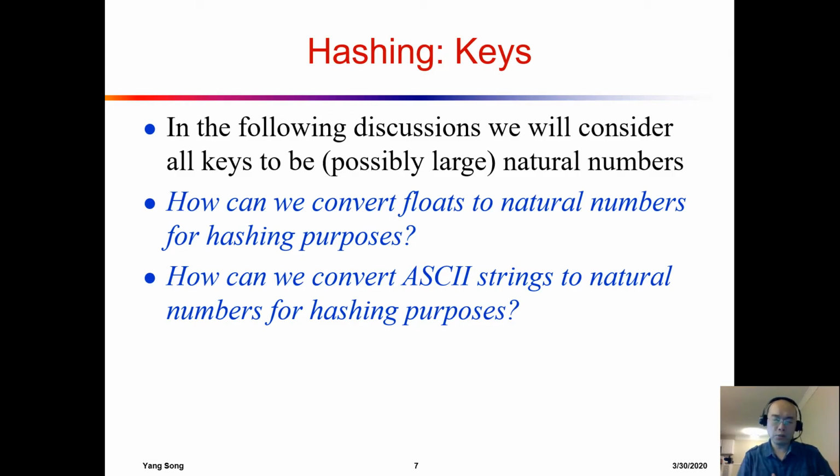And how about a string? If we have a string, we can use the ASCII value of each character, and then we are casting a string into an integer again. The point I'm trying to make is that we are not assuming all the keys are natural numbers. However, for other data types, we can transform them into natural numbers.